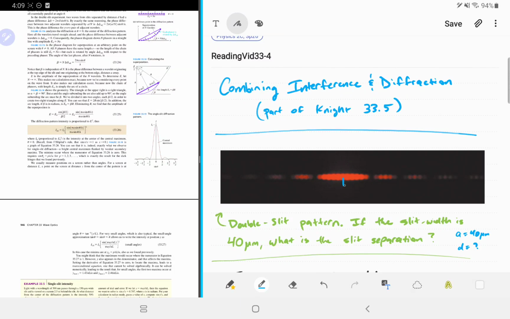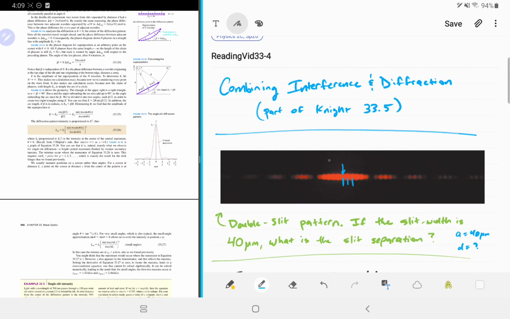But then we also notice how there's a bright fringe right there, and we can't really see a dark spot there because the photo is a little overexposed. But you imagine if there was less light, maybe there's a dark spot right there, and it looks like there's another maximum right here. It does look like these things are coming in pieces right here. So the center right there was actually the m equals 0.